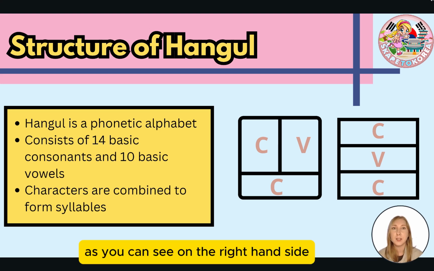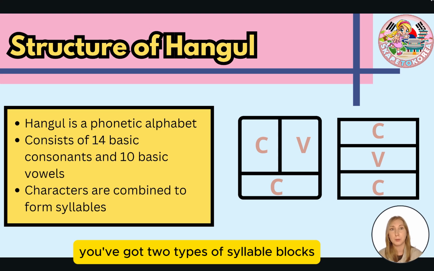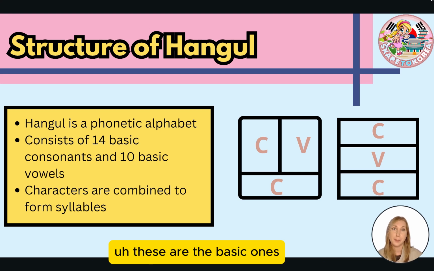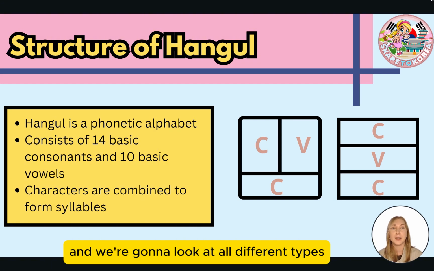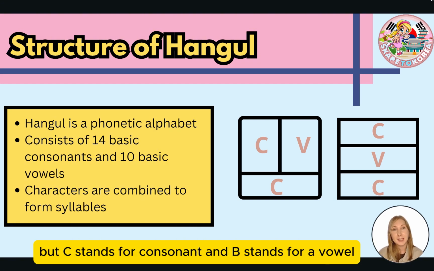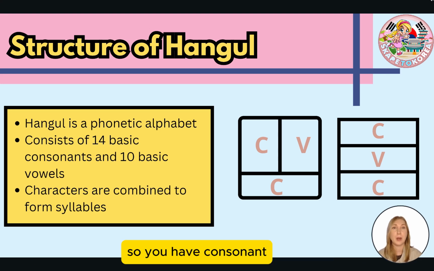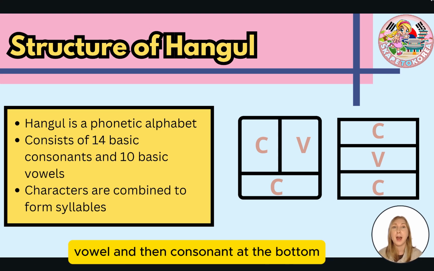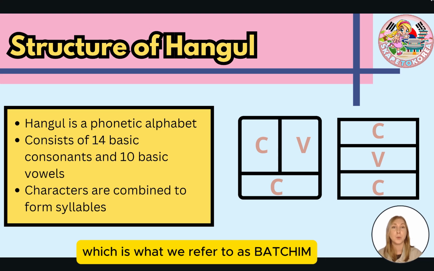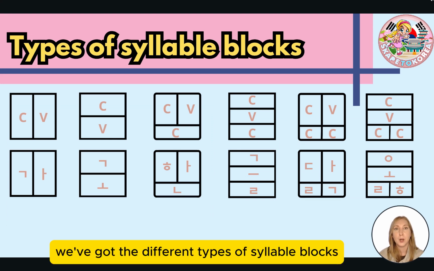As you can see on the right hand side, you've got two types of syllable blocks. These are the basic ones, and we're going to look at all the different types. C stands for consonant and V stands for vowel. So you have consonant, vowel, and then consonant at the bottom, which is what we refer to as Batchim. Here we've got the different types of syllable blocks.